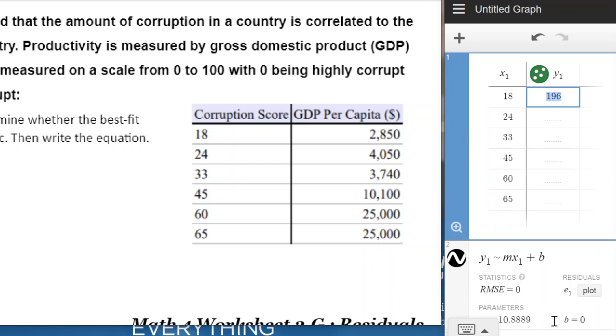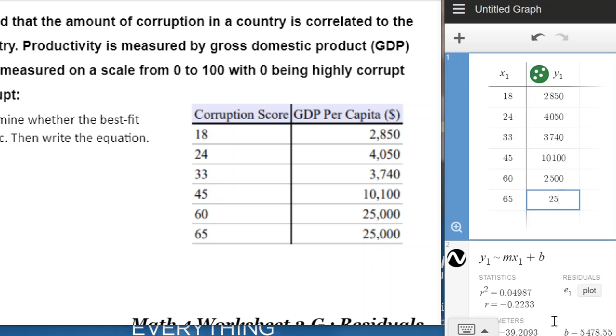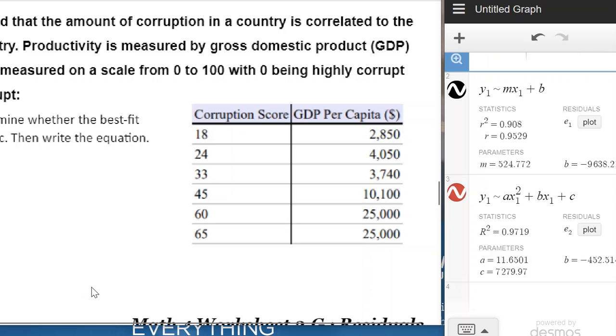All right, so there are those figures in. So we're asked to do the same kind of thing. Look at the R-squared values. R-squared for linear is 0.908. Here it's 0.9719. So quadratic is best with R-squared at 0.9719.